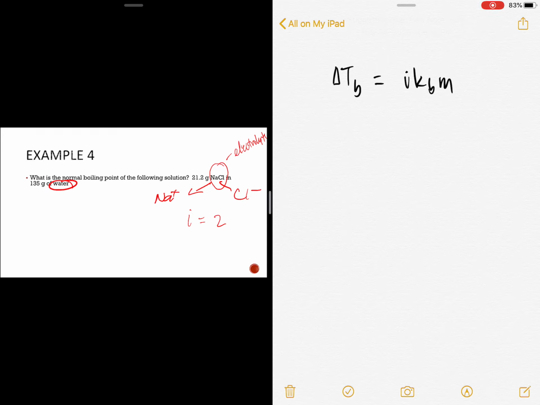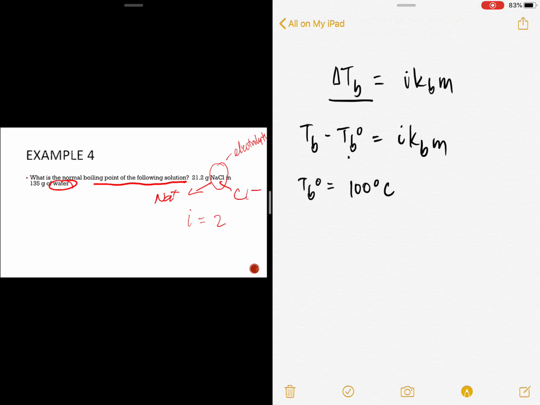So now, we are looking for the boiling point of the solution. So expand this term. This becomes TB minus TB naught is equal to i Kb m. The TB naught, you are expected to know, especially since we're talking about water. The boiling point of your pure solvent, which in this case is water, is 100 degrees Celsius.